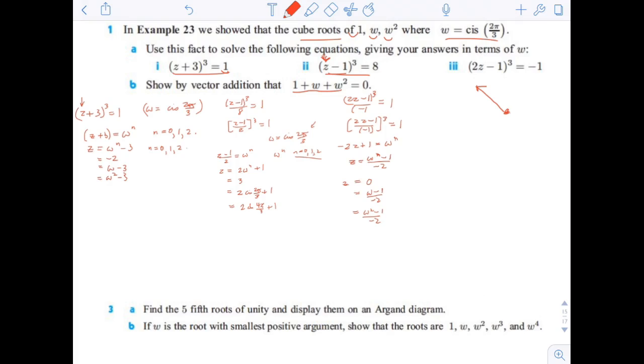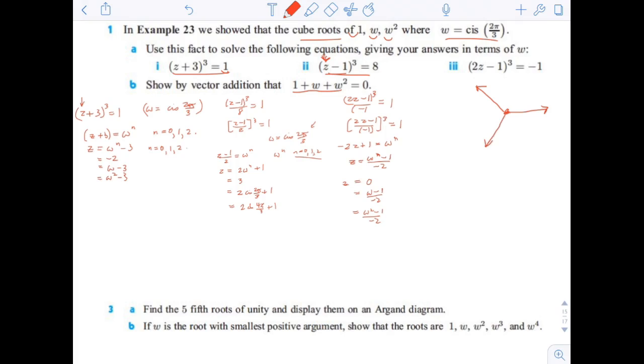And so omega would look kind of like that, a vector pointing in the direction of 120 degrees from 0 degrees. And the vector 1 would be a vector pointing directly to the right, and omega squared would basically be cis of 2 times 2 pi over 3, or 4 pi over 3, which would be 240 degrees.